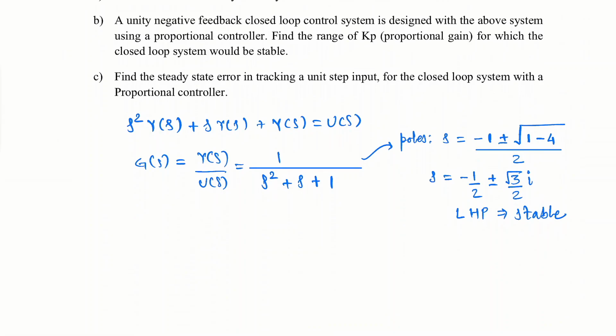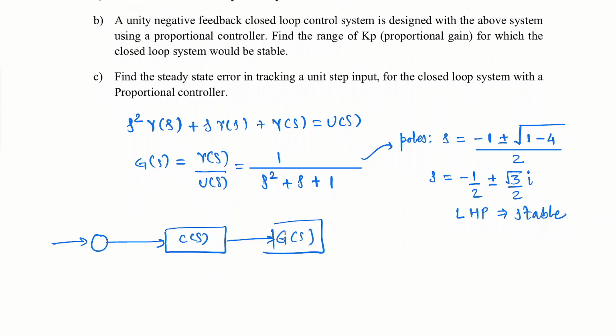Now let's take this and make a unity feedback controller. So we have a proportional controller, say C of s. Let's draw a closed loop block diagram.